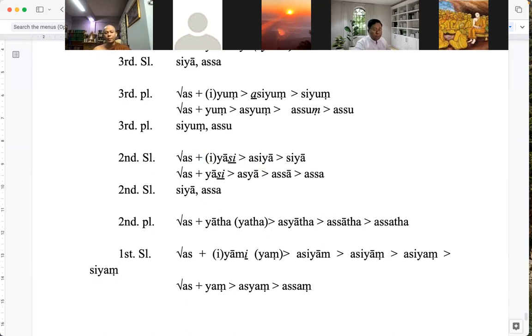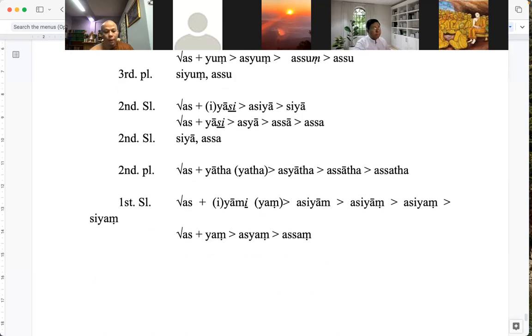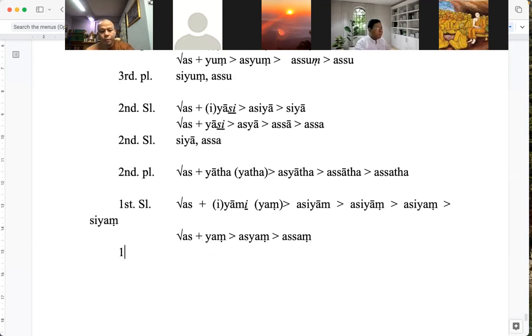So this SM form, that is for the first person singular. So one form is CN, another form is SM. Okay, CN, SM in this way.